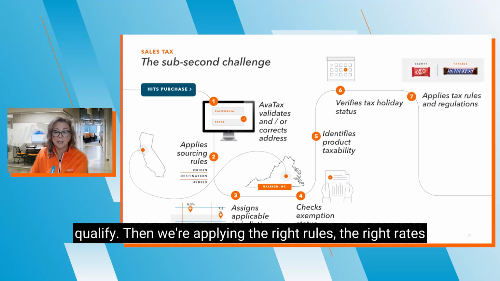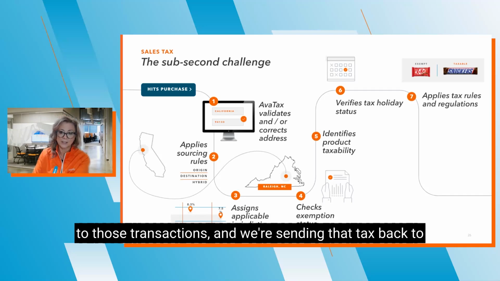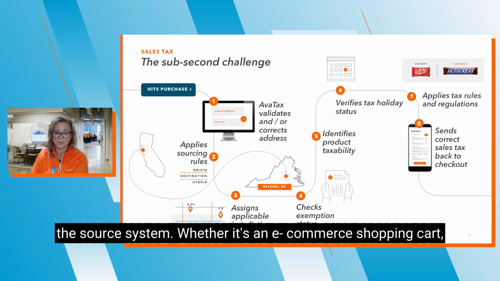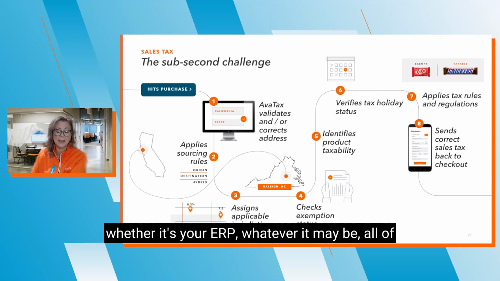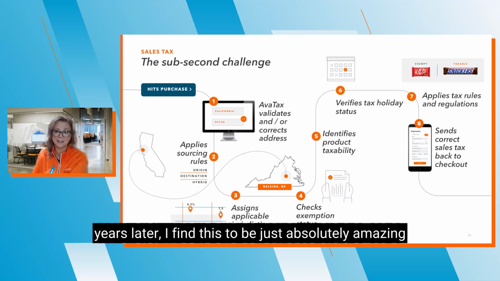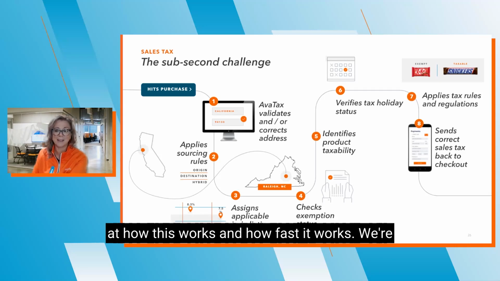And then we're applying the right rules, the right rates to those transactions. And we're sending that tax back to the source system, whether it's an e-commerce shopping cart, whether it's your ERP, whatever it may be. All of this is done in less than a second. Even 14 years later, I find this to be just absolutely amazing at how this works and how fast it works.